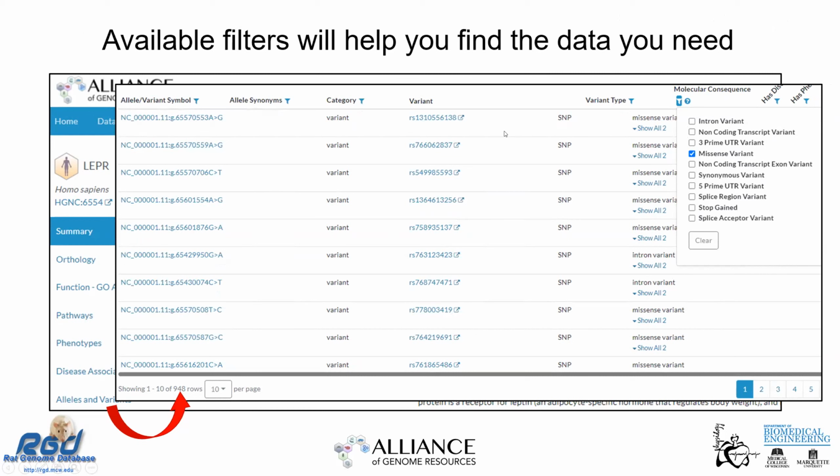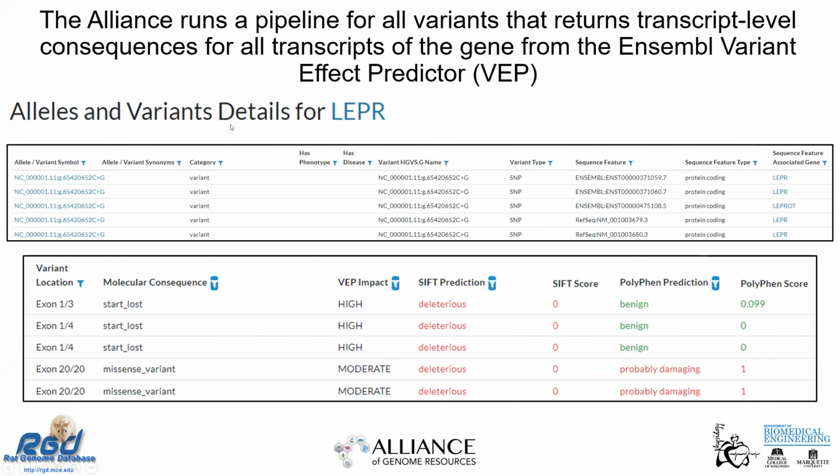And if I want to look at more information about a particular variant, the Alliance runs a pipeline for all of the variants, and that pipeline returns transcript-level consequences for all of the transcripts of the gene, and that comes from the Ensembl Variant Effect Predictor. So all of the variants are run through the VEP to get additional details about the variants, and that's shown on the variant detail page.